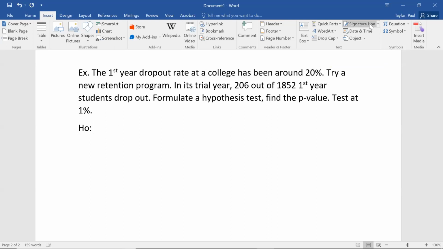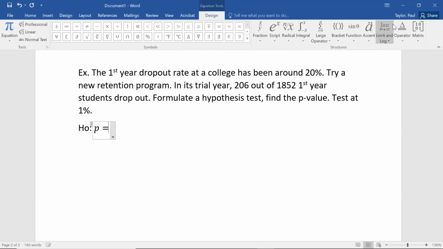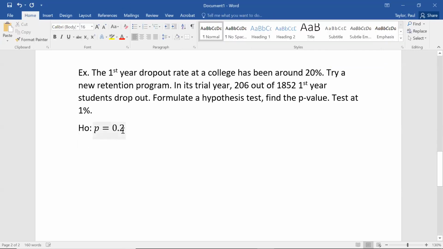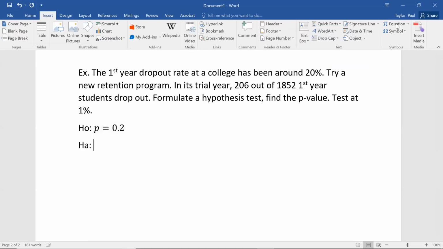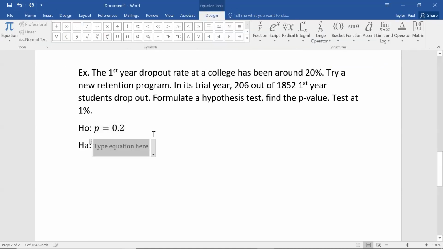So our null hypothesis is that the dropout rate is still 20%. I'm going to write that in decimal form, 0.2. Alternative hypothesis. Now, I've said that the default is not equals, and we could use that here. We could say the alternative hypothesis is not equals 0.2.